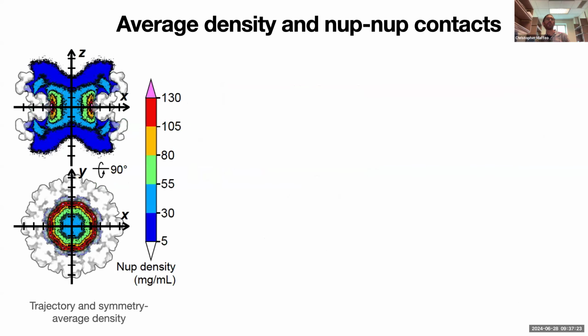And with this model, David was able to run really long timescale simulations and observe how the density of the FG NUPs depended on the physical location in the system.